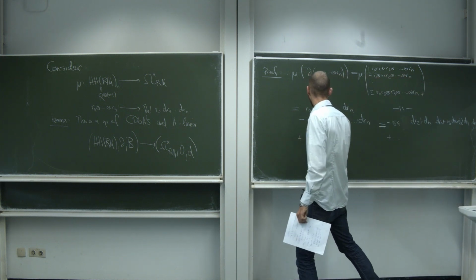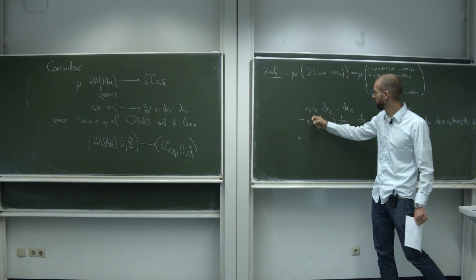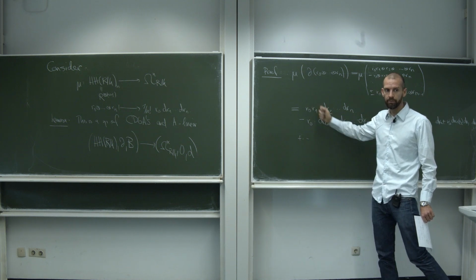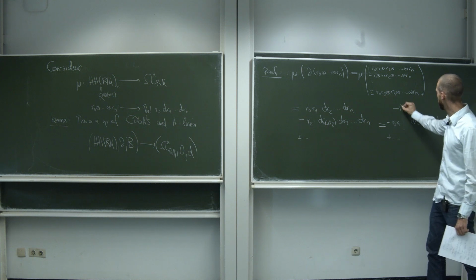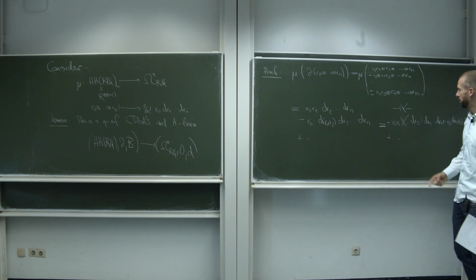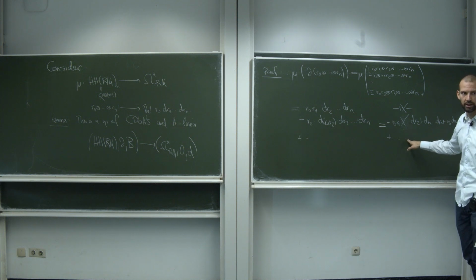And then plus further terms here. And you already see that this term here, the first summand in the Leibniz rule, cancels this term. And then in the next term, this will cancel with this term. And then you see this term actually will cancel with the next term in the expansion, right?